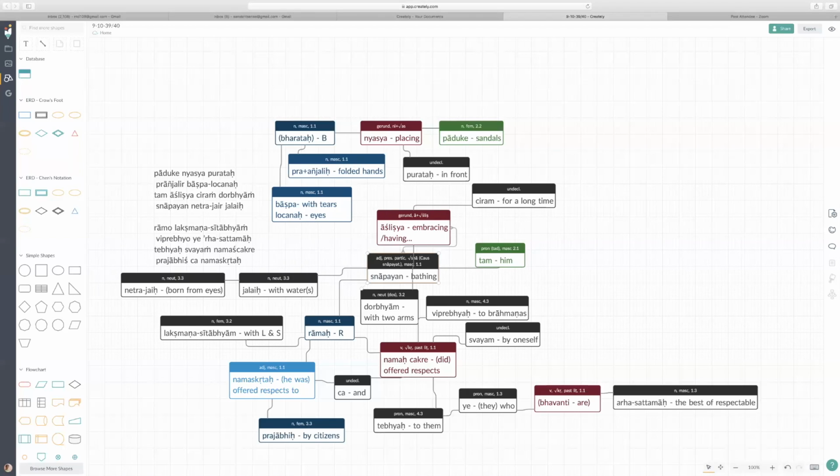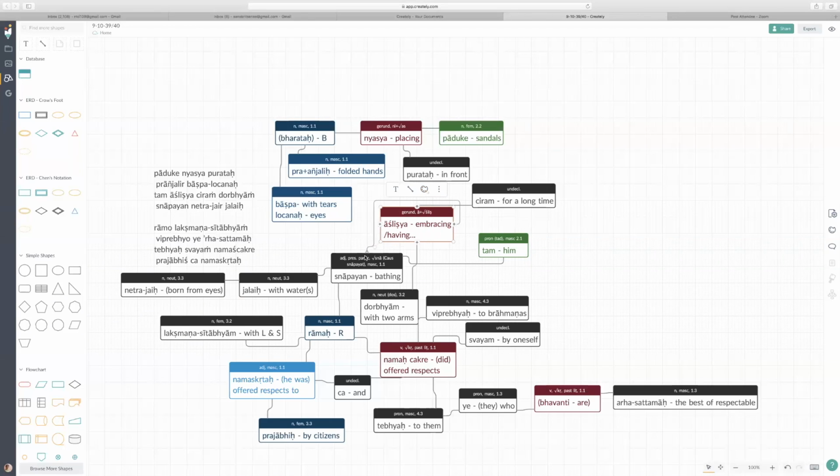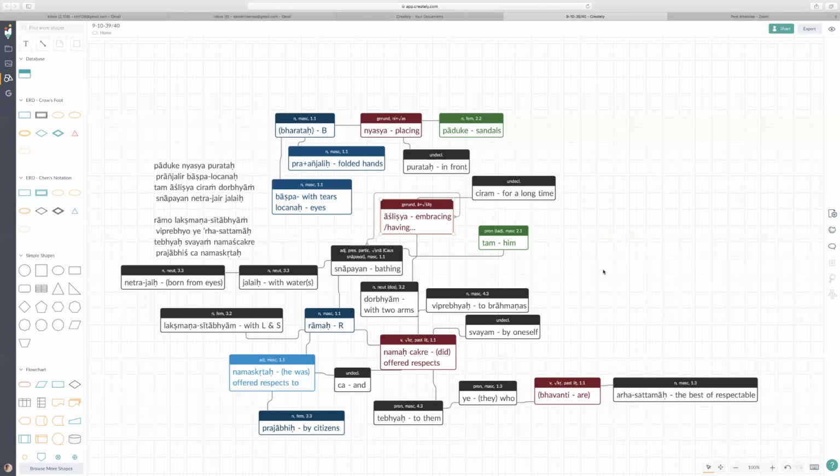And snapayat becomes snapayan in masculine 1-1. So yeah, an adjective will take an object here. Interesting. And the gerund will be connected to the adjective as a subordinate verb. So this is how it goes.